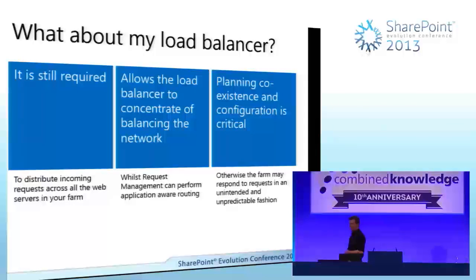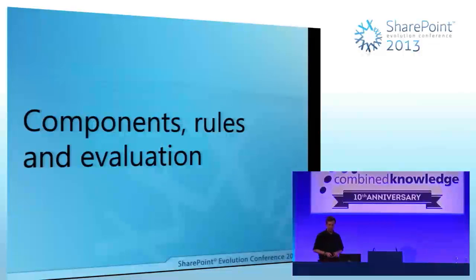And so we can simply configure it as default, as we would do, and do all of the smarts in request management, and we don't really have too much to worry about. It's if we're using one of the other load balancers where it gets a little more complicated. And it's very important that we plan out how these 2 different things work together, because they're kind of doing similar things. And if we don't do this, we'll get unexpected behavior, or perhaps slightly confusing behavior. It's not working perhaps as we expected. And I'll show an example of that when we get to the demonstration.